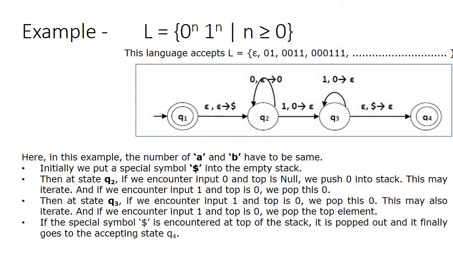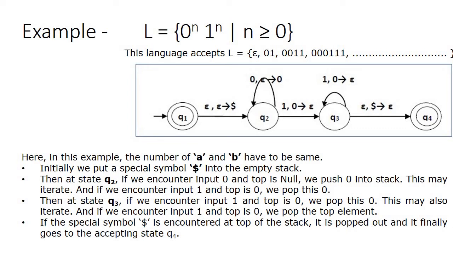And how can we count how many ones can be accepted? We can pop zeros while reading ones. So here is the transition, where we read 1 and pop out a 0. If we have placed 4 zeros and we can read 4 ones, all the 4 ones can remove all the 4 zeros from the stack. So it defines that the total number of zeros and ones are the same.